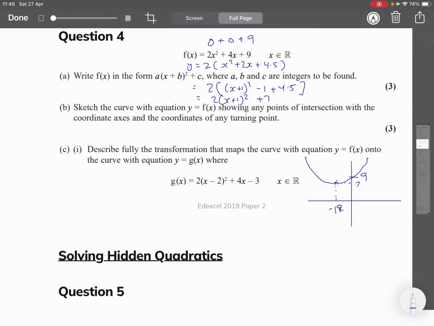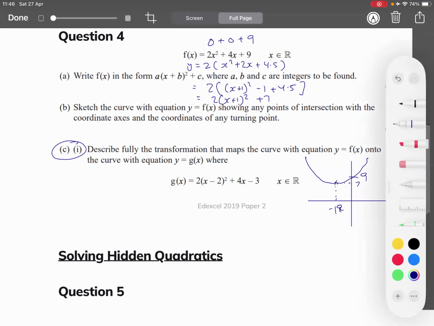You wouldn't be able to tell the transformation for part C unless you expand it and then complete the square again. There's no other way to do it.